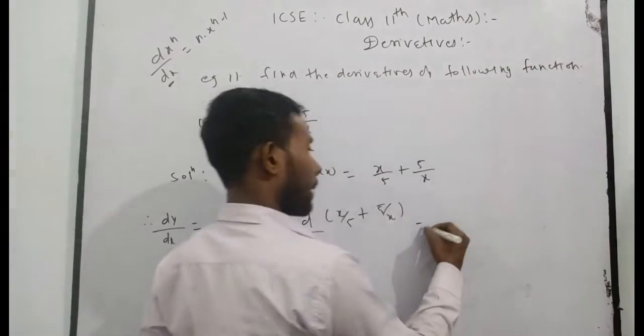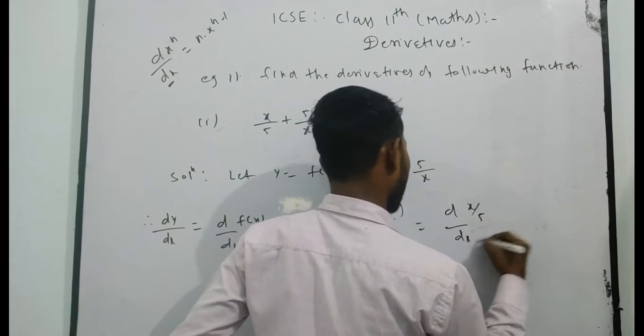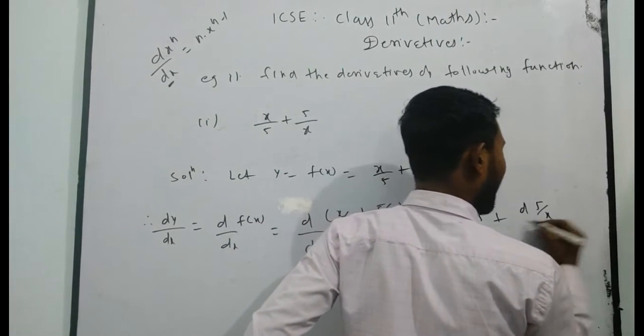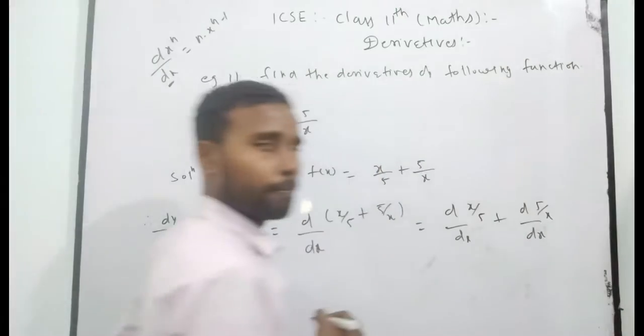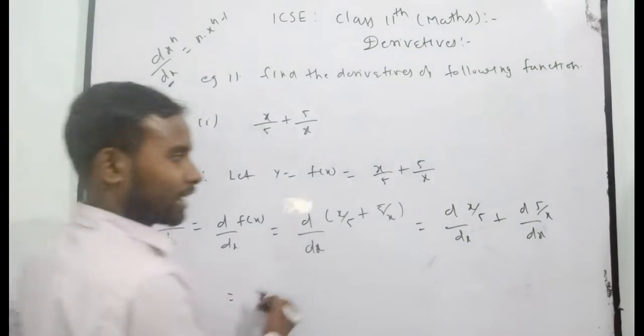After it, you can write the derivative of x by 5 with respect to x plus the derivative of 5 by x with respect to x. Now write this step here.